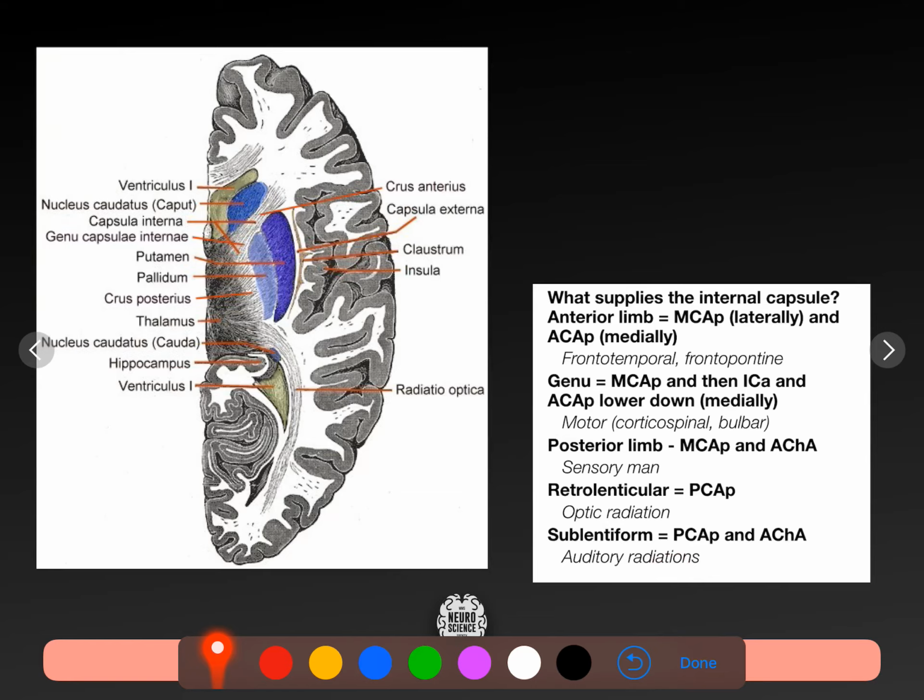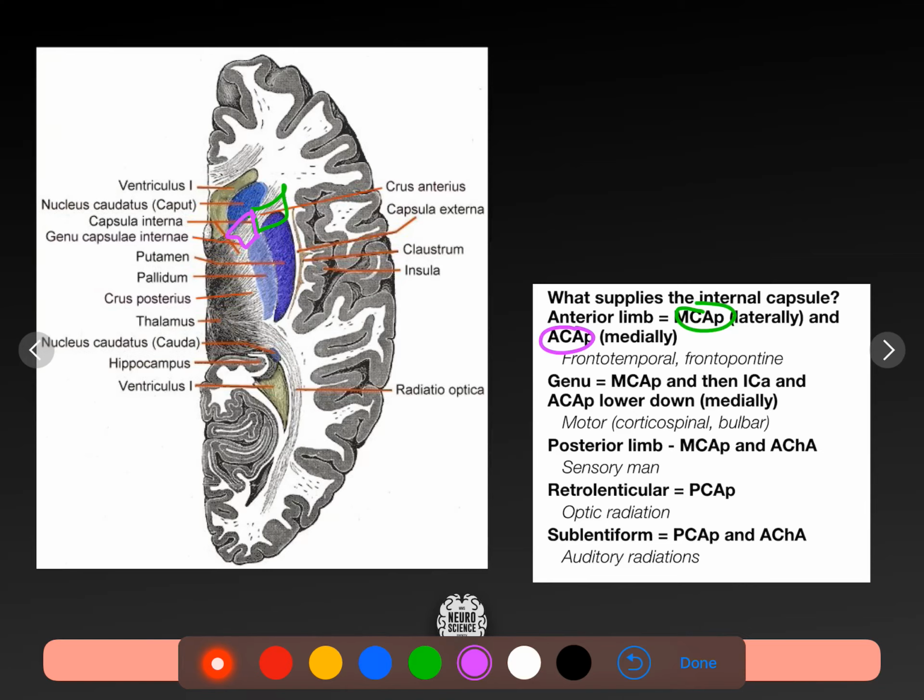Now, the penetrating branch of the anterior cerebral artery and the penetrating branch of the middle cerebral artery supply the anterior limb. So MCAP supplies this outermost area, and ACAP supplies this medial area.